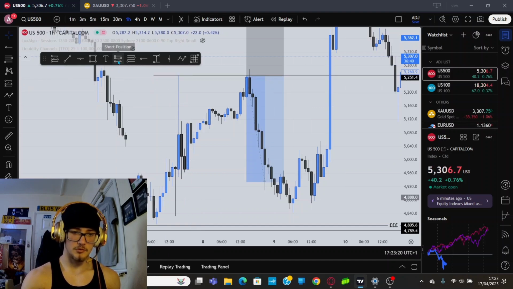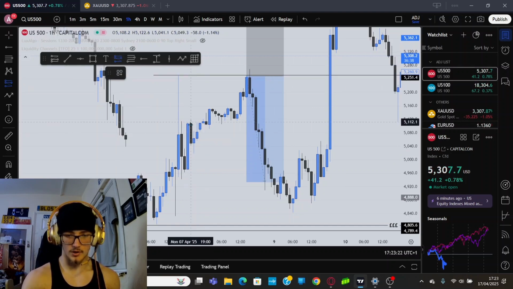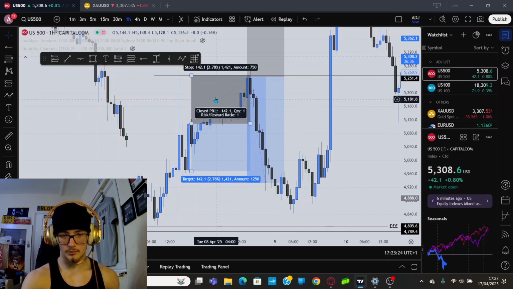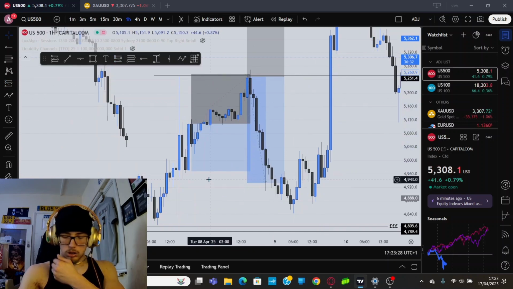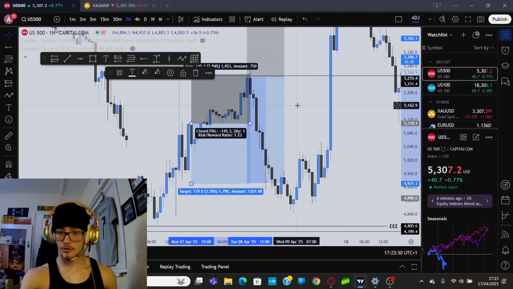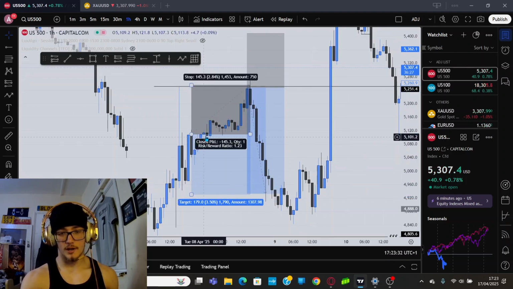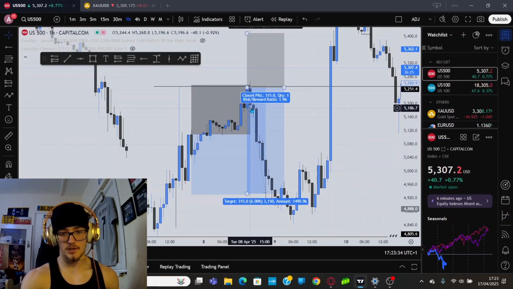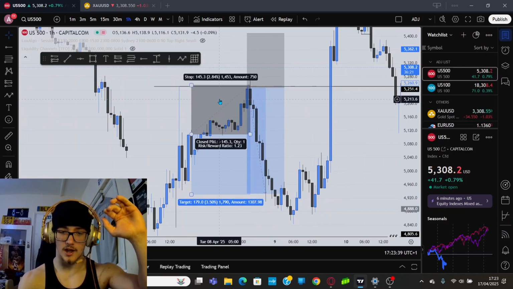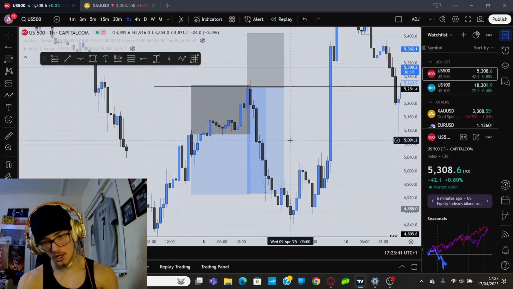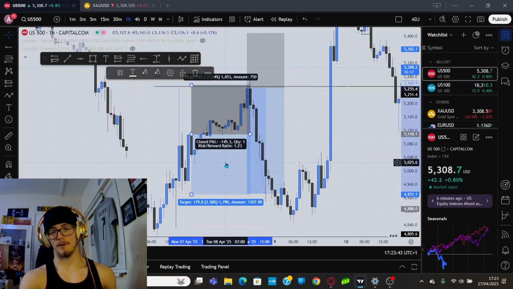So let's say people put a sell order right here. Where would the stop loss be? It would be right here. And what you can see the market did, it manipulated to the upside, literally wicked out that high, and then dumped all the way down here.